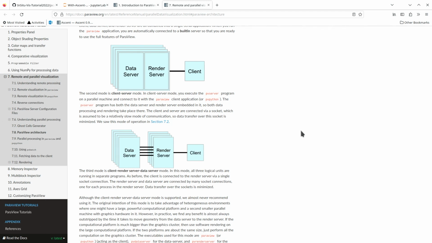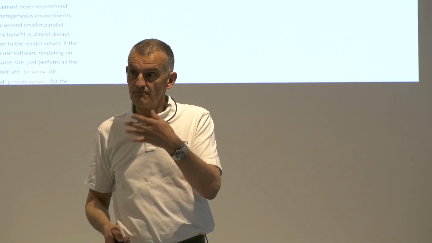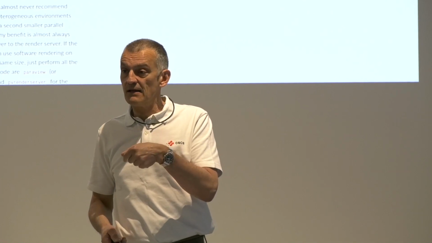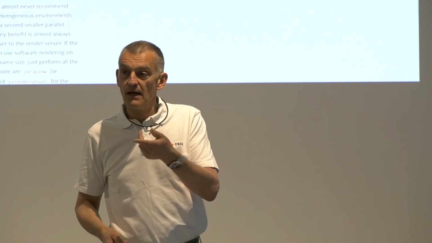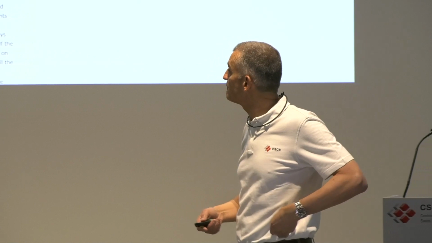So basically what you find at supercomputing centers is this configuration where you have the parallel data and render server compiled. The difficulty on a supercomputer is you don't have X windows. This is easily handled by ParaView. We use EGL, which is the embedded OpenGL working with a frame buffer that does not have to be visible. So that's for the architecture.